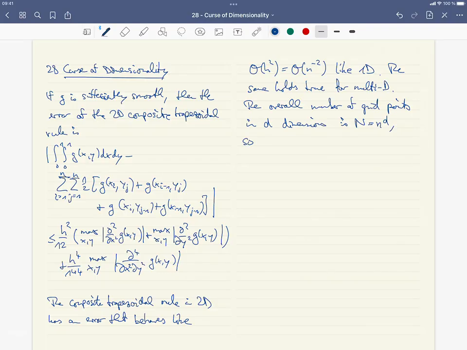And so the little n is actually capital N to the 1 over D. Well, and now we can express the error in the total number of points.